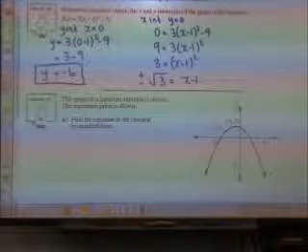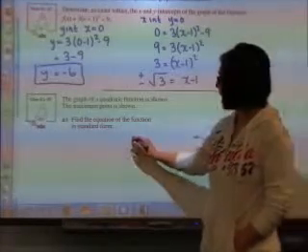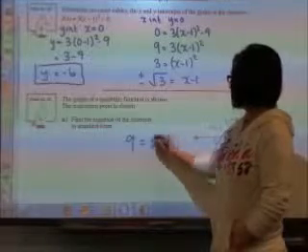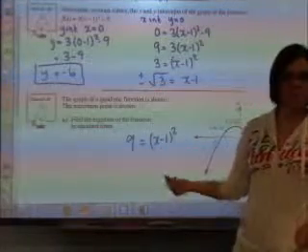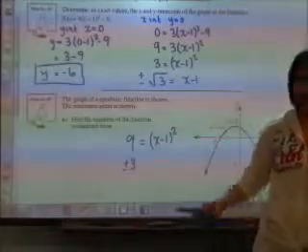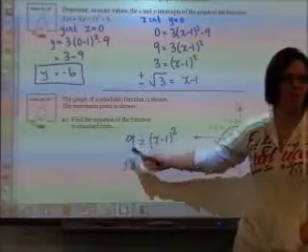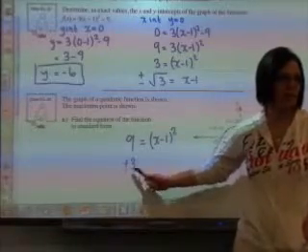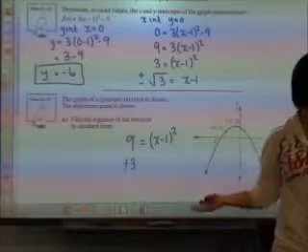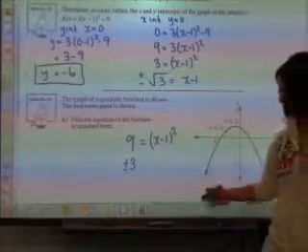Or actually, it's better if I put it this way. If I had 9 equals (x minus 1) squared, if I square rooted both sides, I could get a positive or a negative 3. Because 3 times 3 equals 9, and negative 3 times negative 3 also equaled 9. So I'd have to make both considerations in this case.